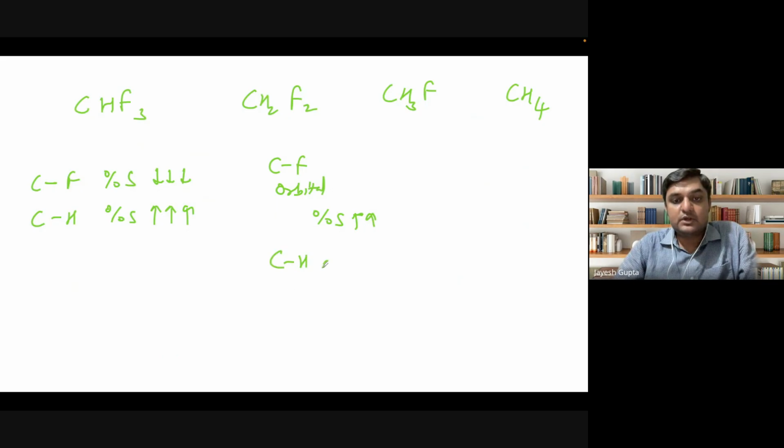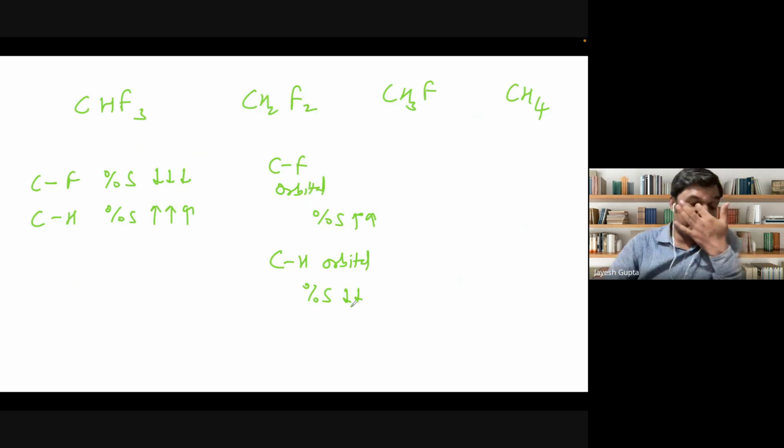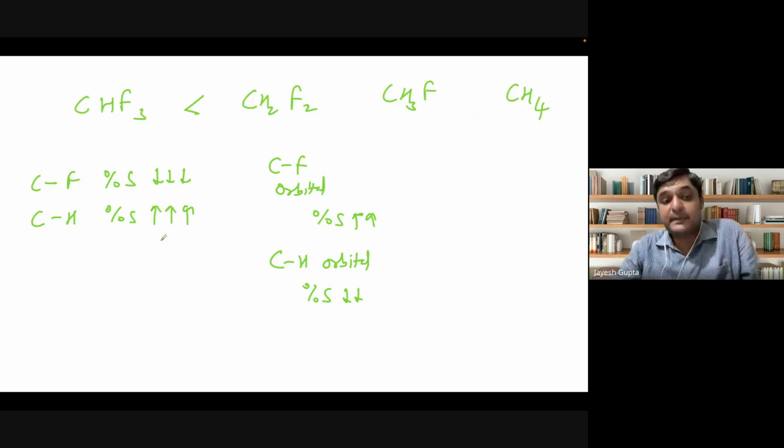So carbon hydrogen orbital, percentage S will decrease to a smaller extent. That's why they will be having some sort of attraction of electron, but the bond length will be shorter in CHF3 because their percentage S is higher. So attracted more.